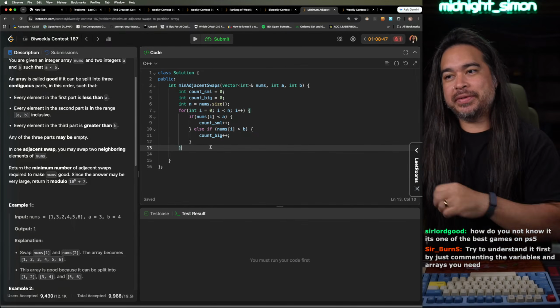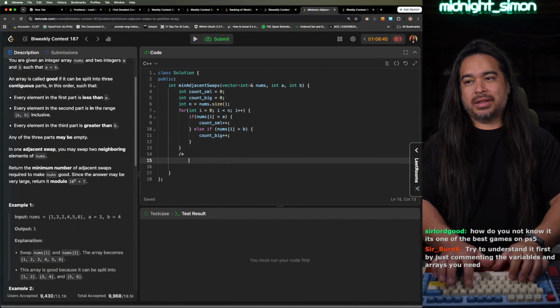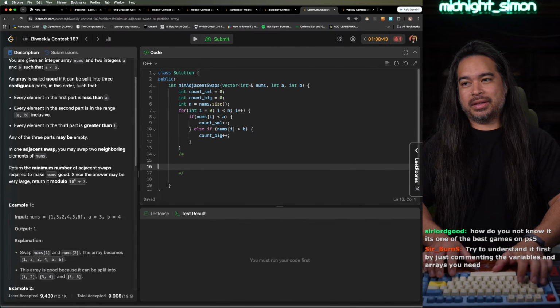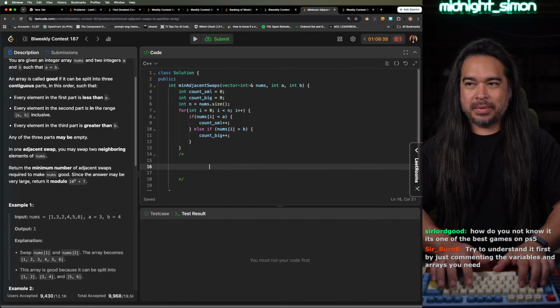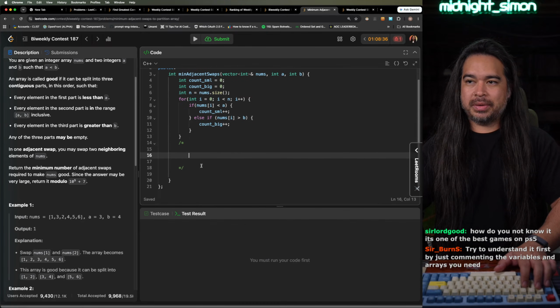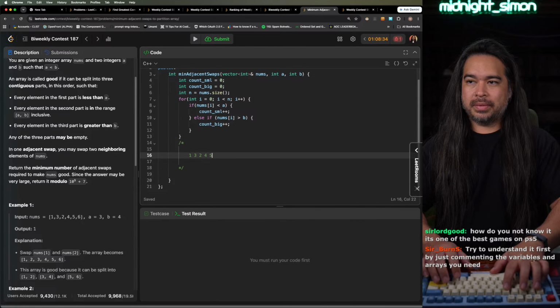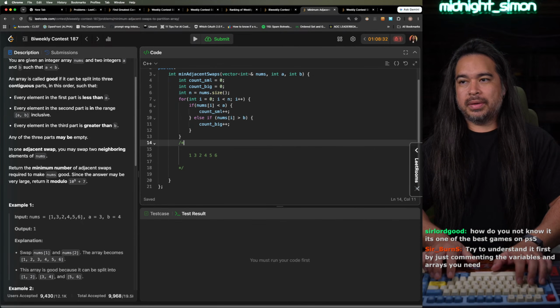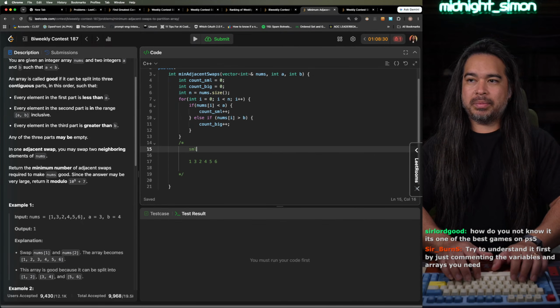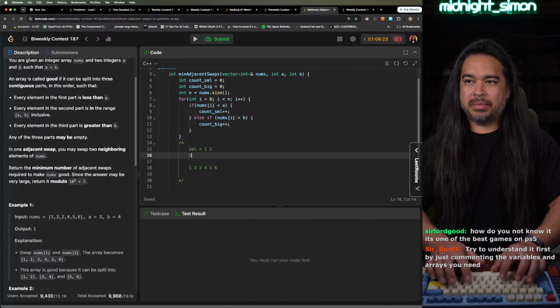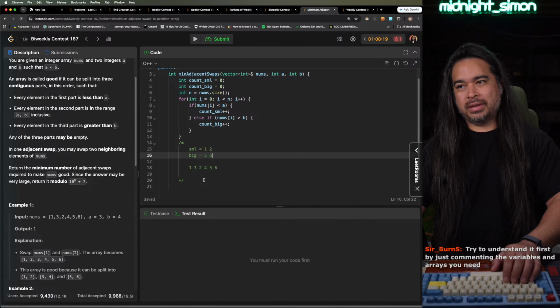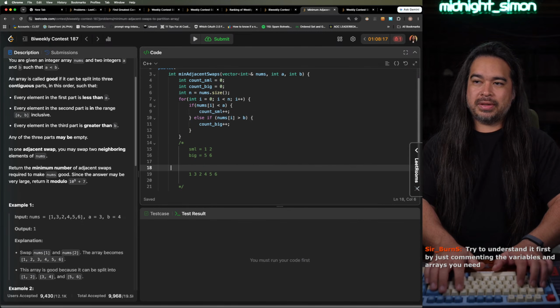Alright, here's my observations. If I have some nums, let's just use example 1 for now. So my smalls are 1, 2. My bigs are 5 and 6. Let me put indices here.